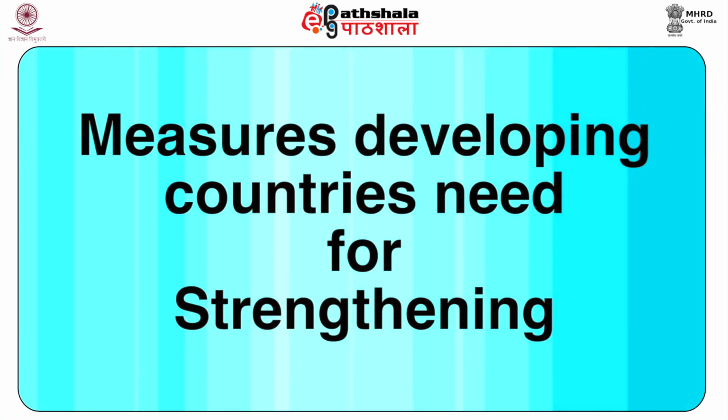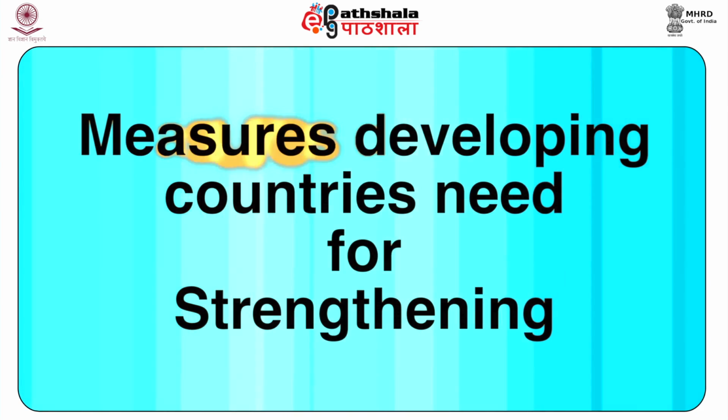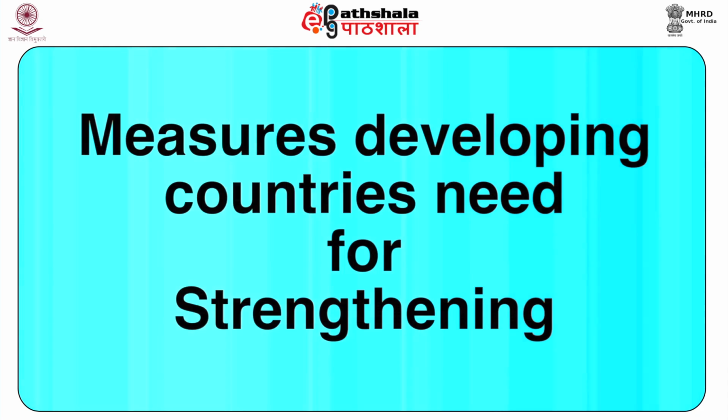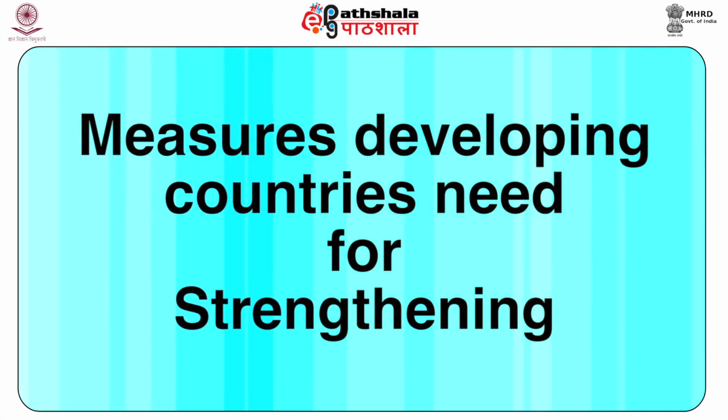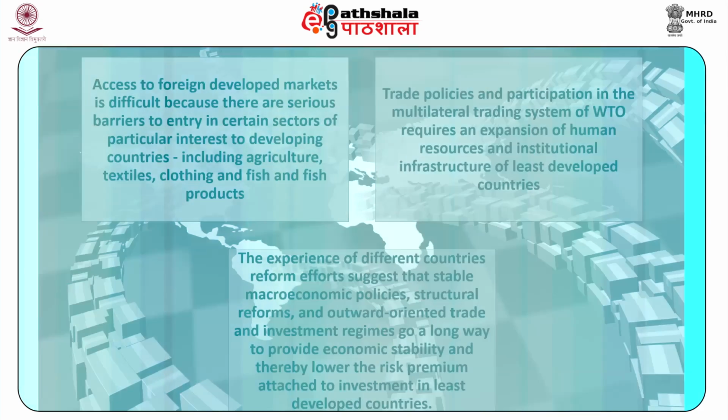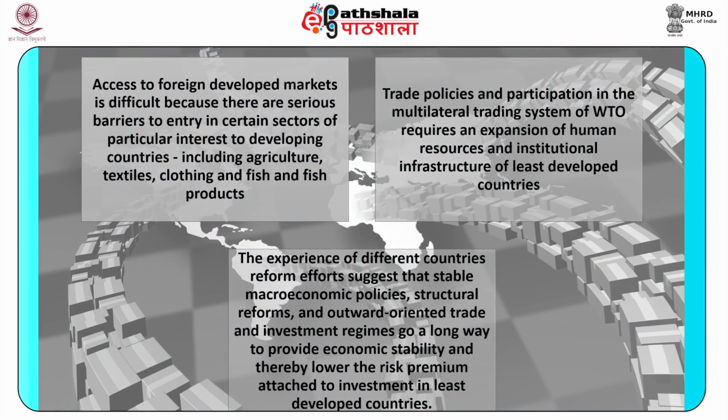Now coming to the measures developing countries need for strengthening capacities to deal with the emerging scenario under the WTO regime. Access to foreign developed markets is difficult because there are serious barriers to entry in certain sectors of particular interest to developing countries, including agriculture, textiles, clothing and fish products.